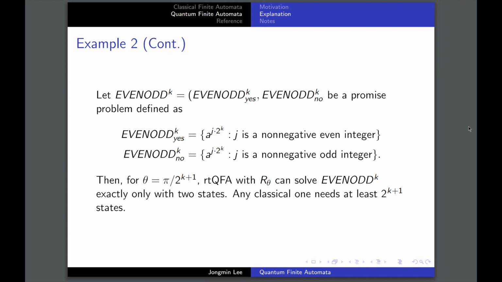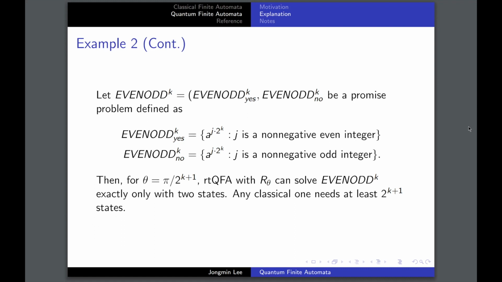If we get 2 to the k number of A, then the state becomes Q2. Then if we measure the probability that it is in Q1, it must be 0.